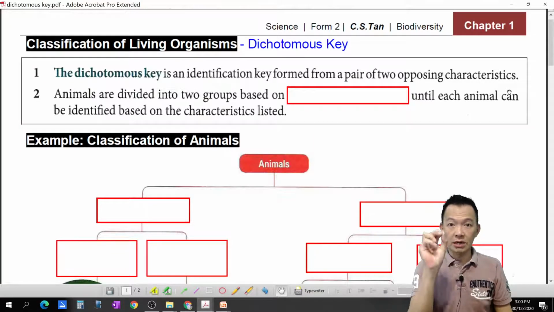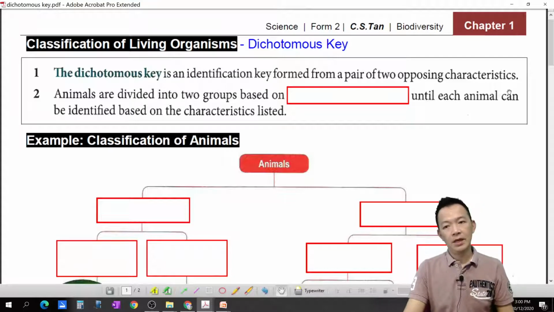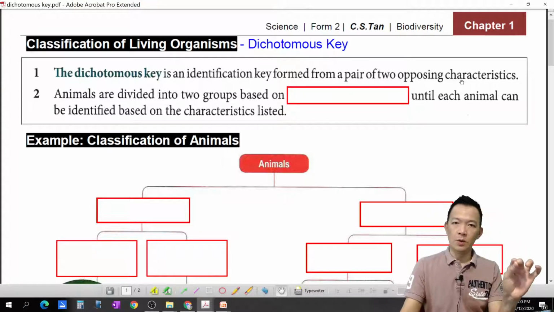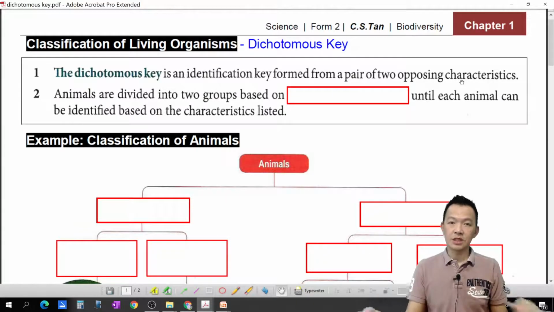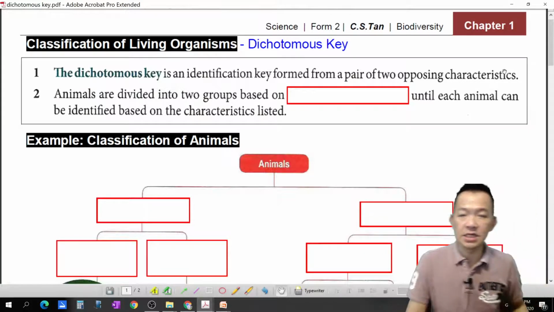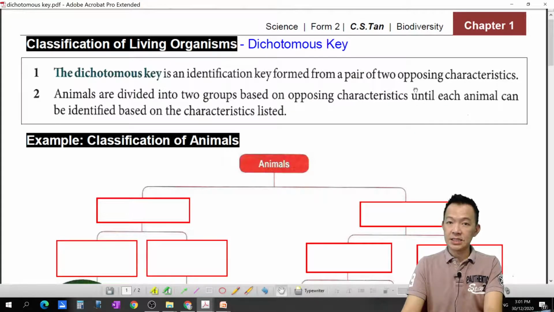Using opposing characteristics, we classify living organisms. What is meant by opposing characteristics? For example, long and short, black and white. So animals are divided into two groups based on the opposing characteristics.